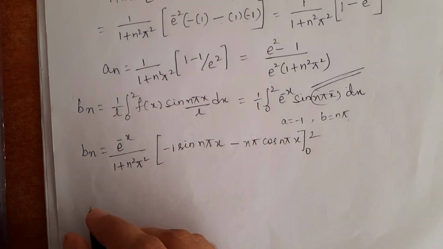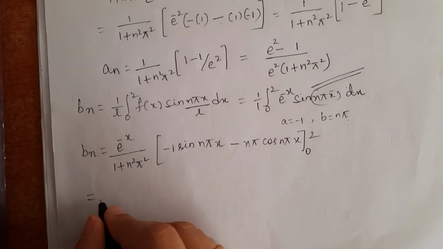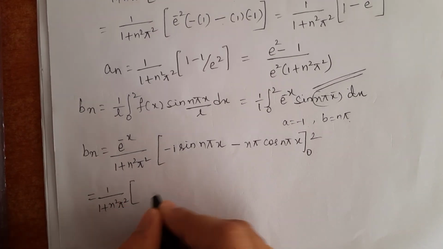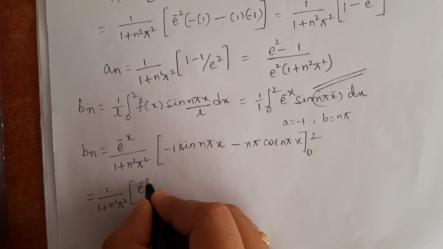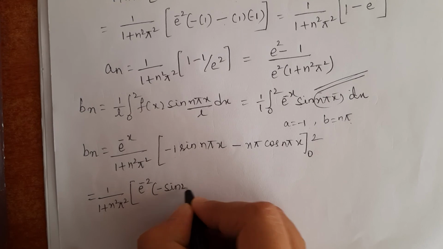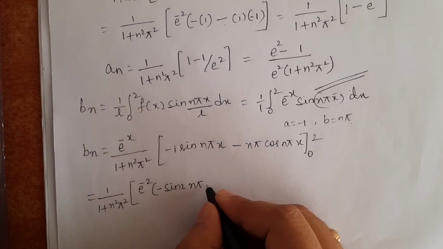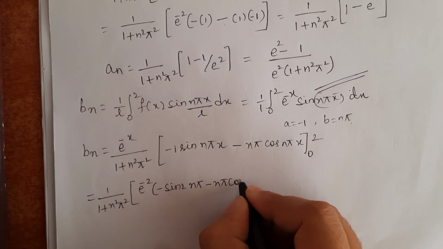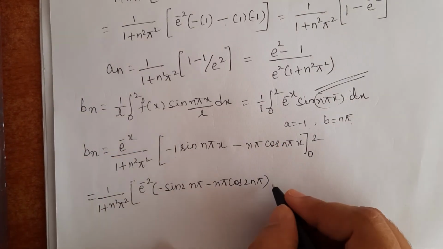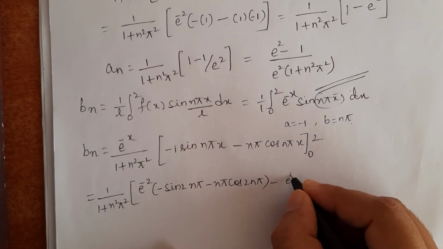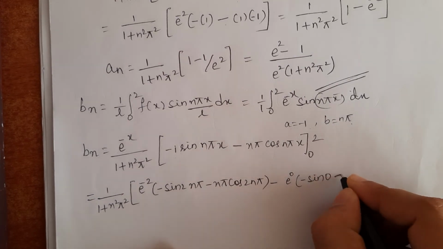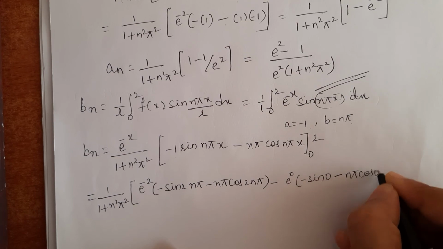Now let us substitute the limit. 1 by 1 plus n square pi square into upper limit is e power minus 2 into minus sin 2n pi minus n pi into cos 2n pi. This is the upper limit for the whole term, minus lower limit is e power 0 into minus sin 0 minus n pi into cos 0.